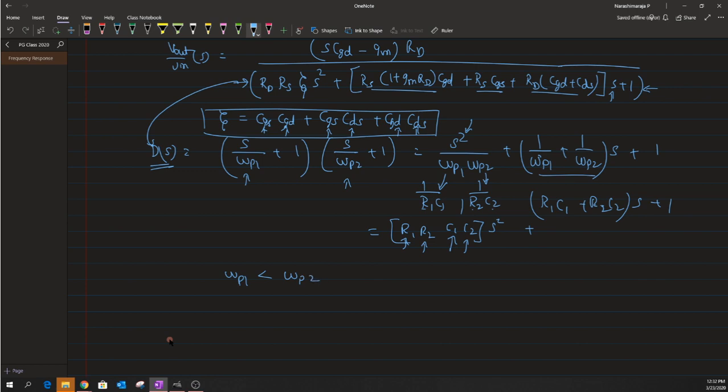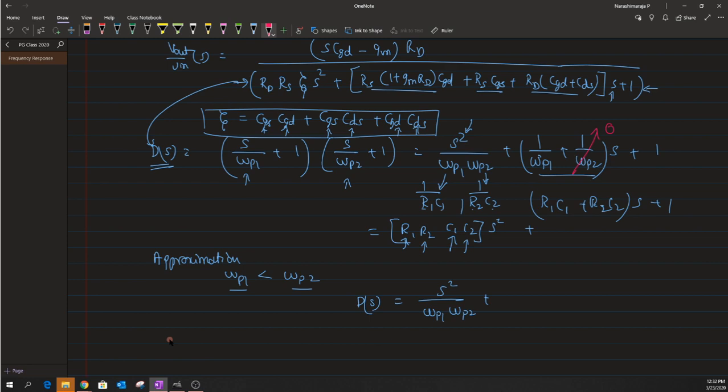Now under this approximation, just an approximation, one would have this D of s polynomial as something like omega p1 into omega p2 plus, since the value of omega p1 is much smaller than the value of omega p2, this 1 by omega p2 would then be driven to 0, just because anything that is divided by a very large quantity would then step down to a very small value.